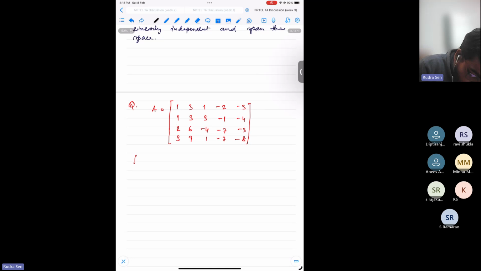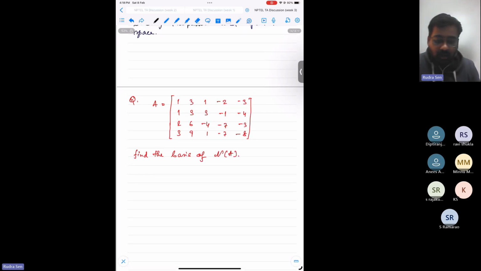For that case you have to find the basis of null space of A.